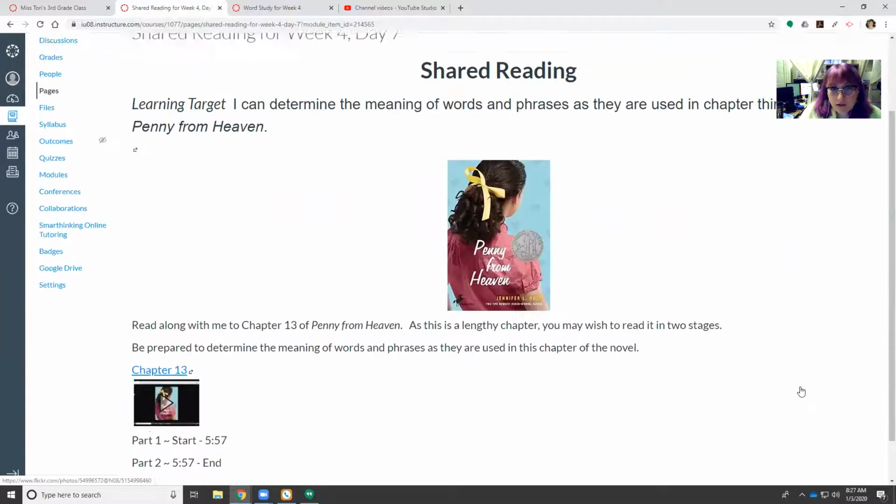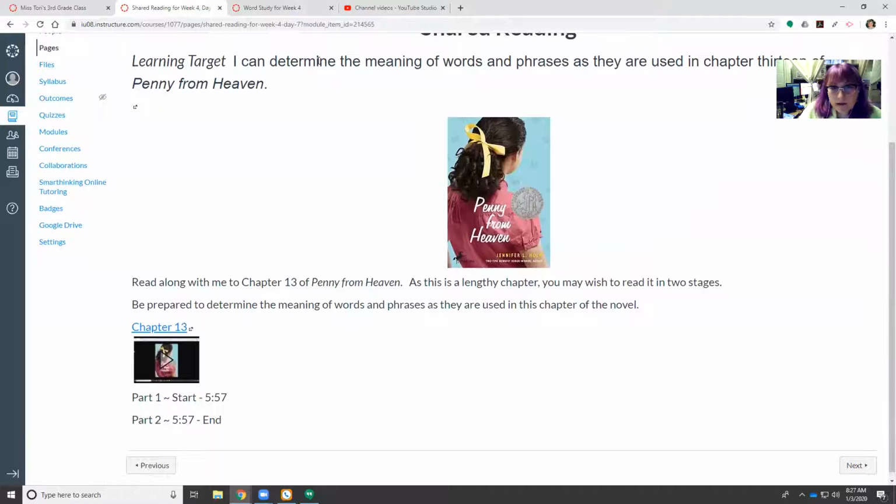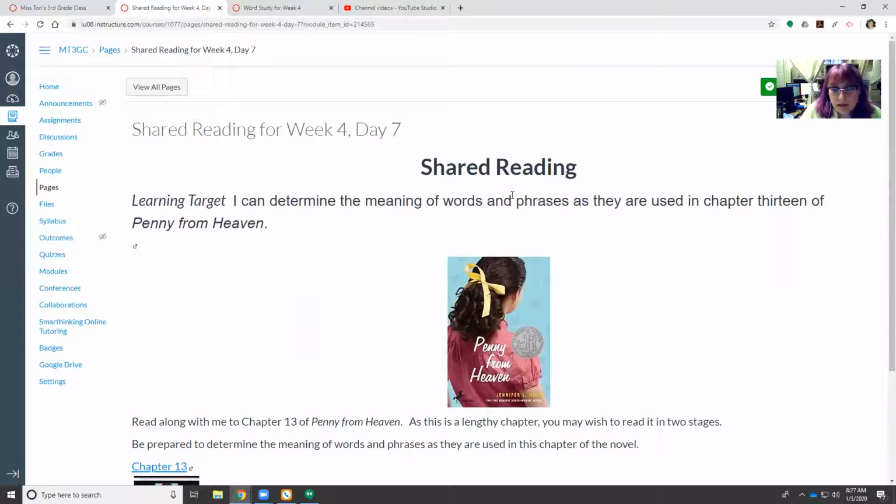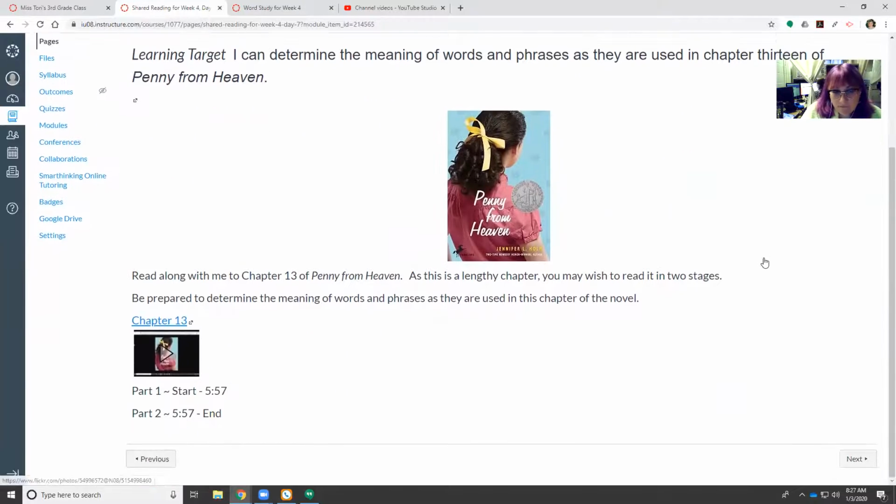And then shared reading, your learning target relates back to your vocab. I can determine the meaning of words and phrases as they are used in chapter 13 of Penny from Heaven. You can break chapter 13 up in 2 parts, reading from the beginning to 557, and then picking up from 557 and reading through to the end.